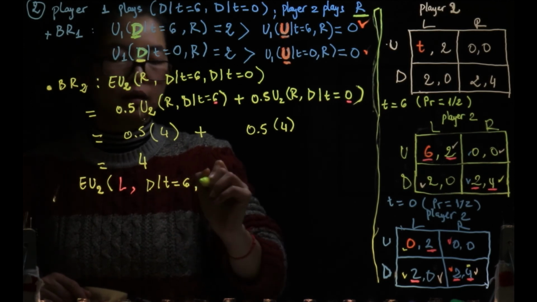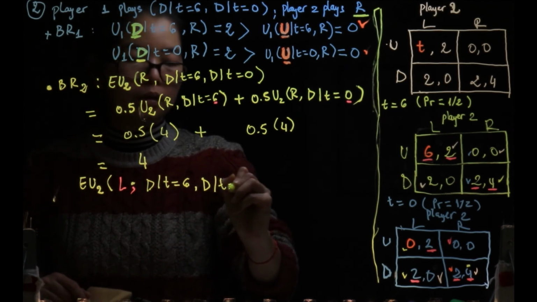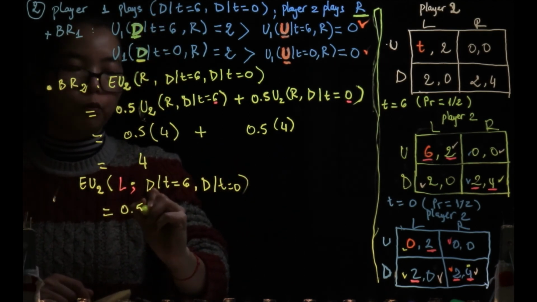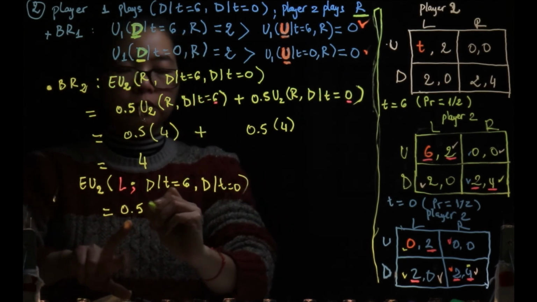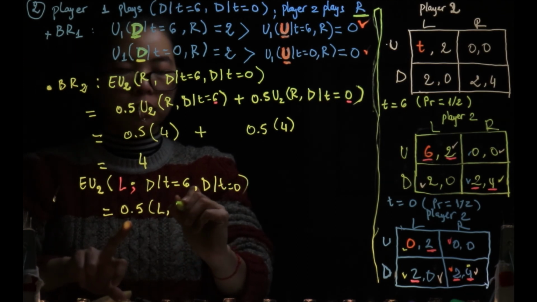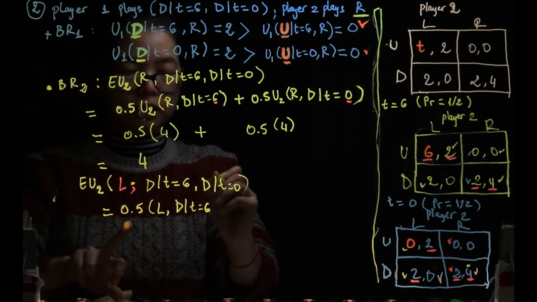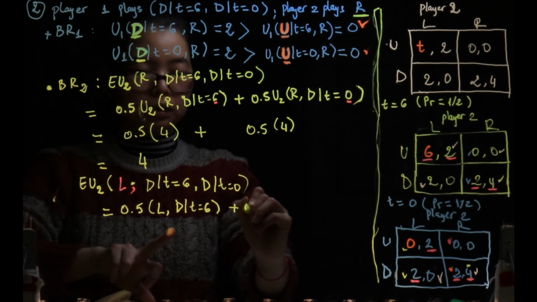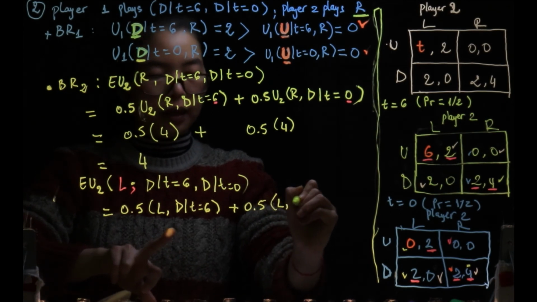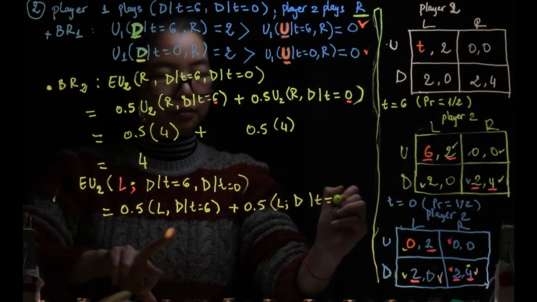Again it would be the weighted average: type 6, he plays left and the other plays down, plus the probability of type 0, when he plays left and the other plays down again under this type.